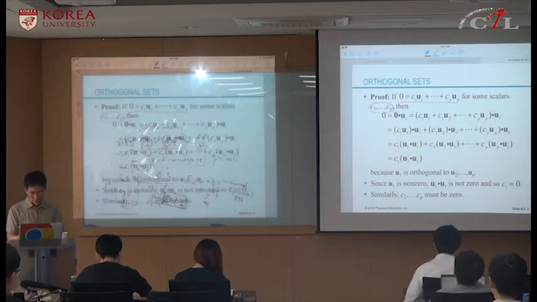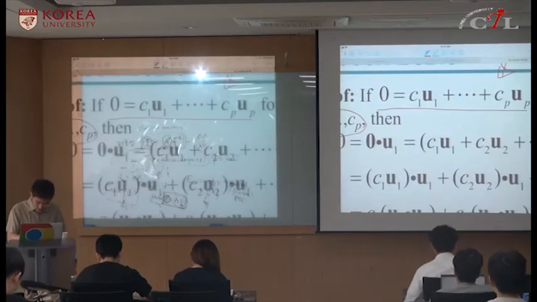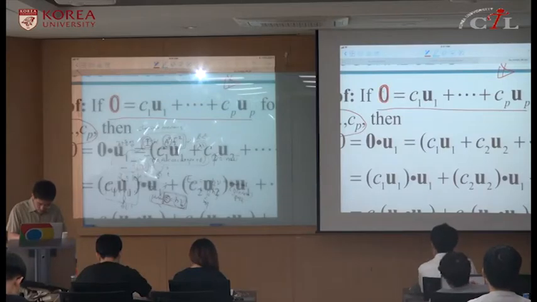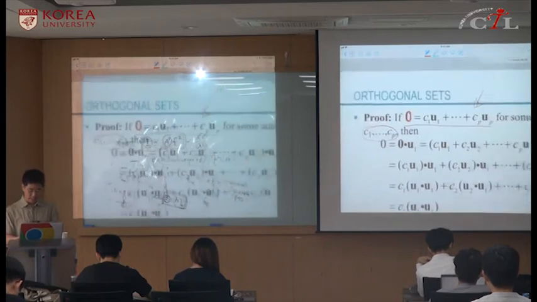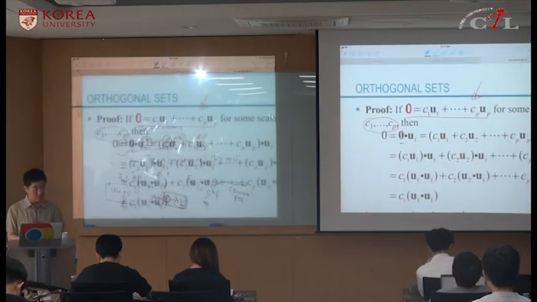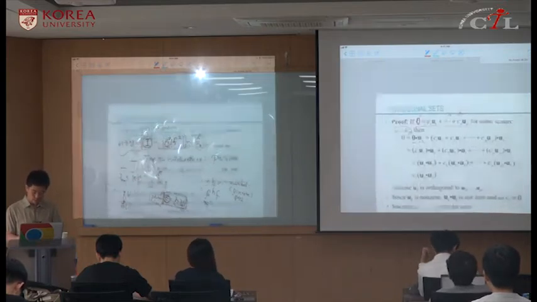But from here, let's just multiply. Okay, so this is a kind of typo here. It is a thick 0 because it's a 0 vector. Let's do the inner product of both sides of the equation with the first vector u1, given in our original set.